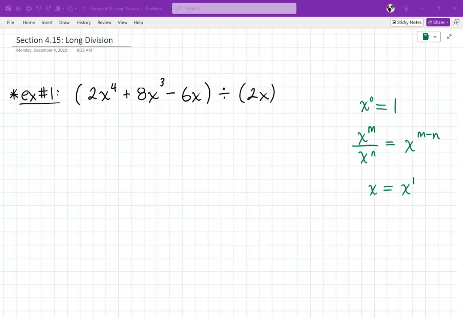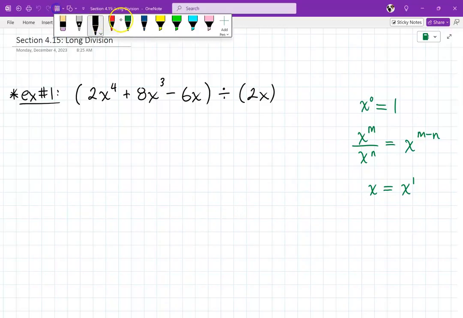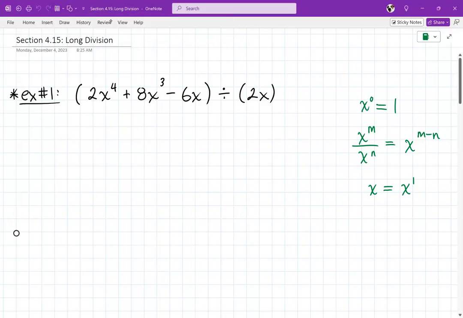Now, the way I'm going to tell you guys to do it is to just break it apart. You see how there's 3 terms in the first statement? Write all 3 terms, so 2x to the 4th divided by, I'm going to write 8x cubed divided by, and negative 6x divided by, and then I'm going to divide it by the thing they told me to divide by, 2x.